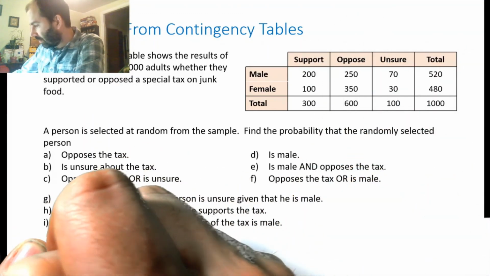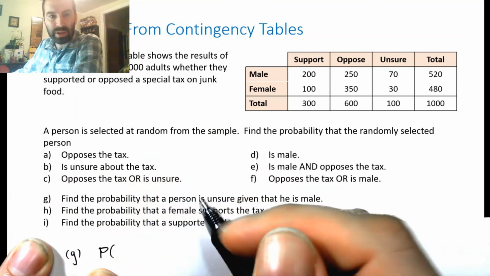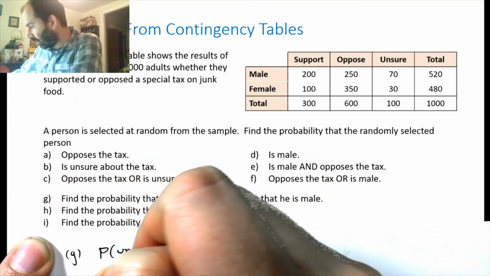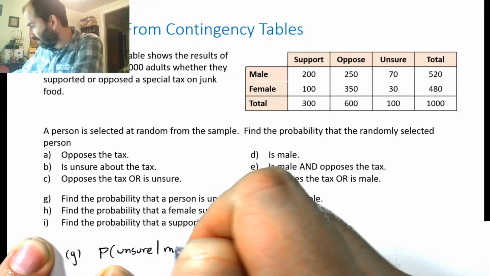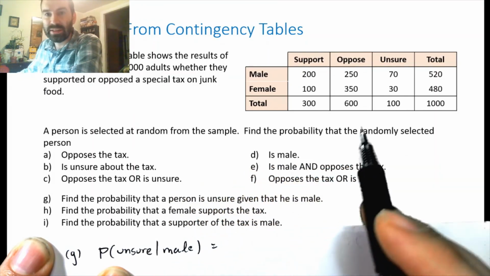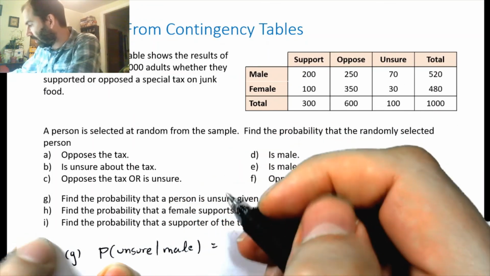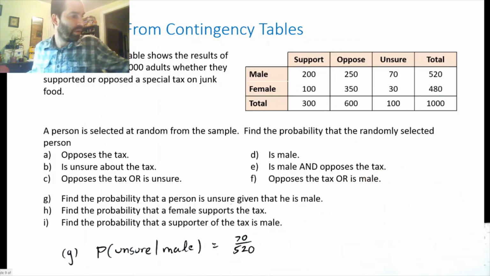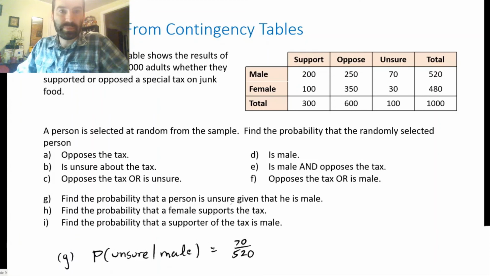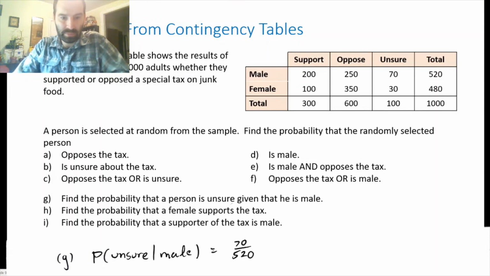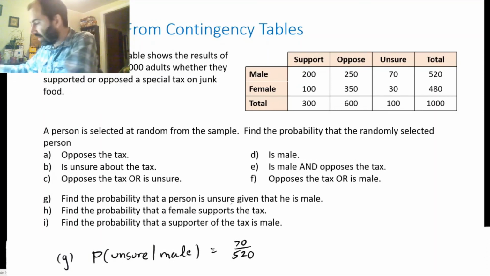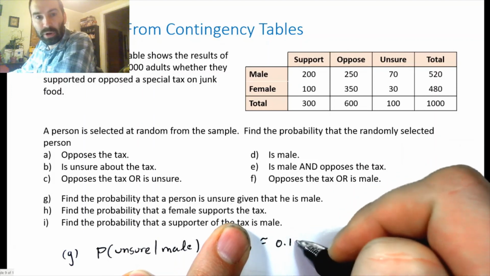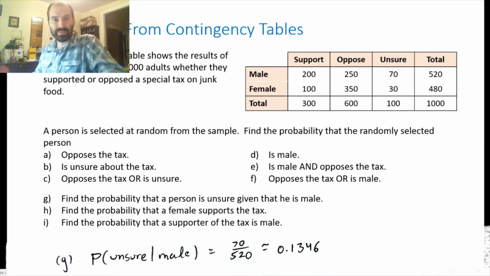Well, the probability unsure given male is 70 over 520, which as a decimal is about 0.1346. Okay.